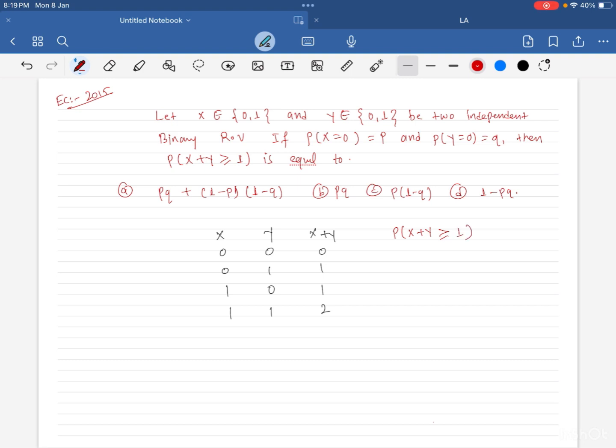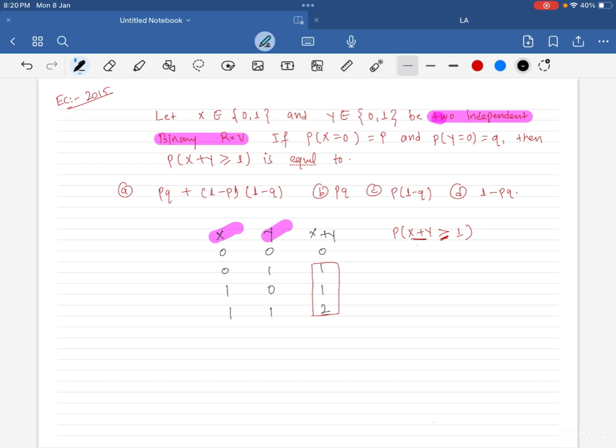So you see that these are the probabilities where x plus y will be greater than or equal to 1. And also one main point to observe here is that x and y are independent binary random variables.